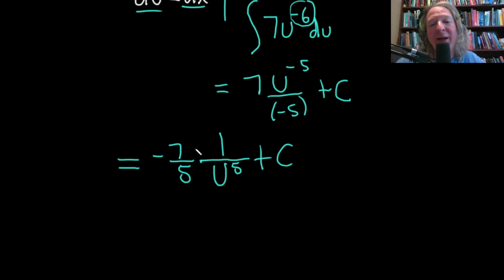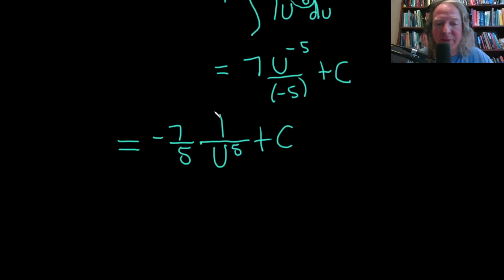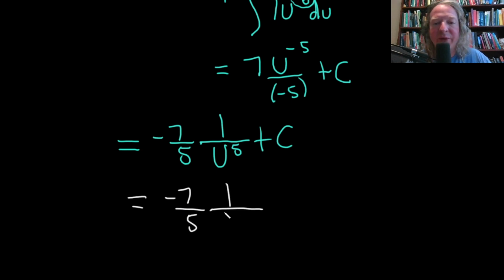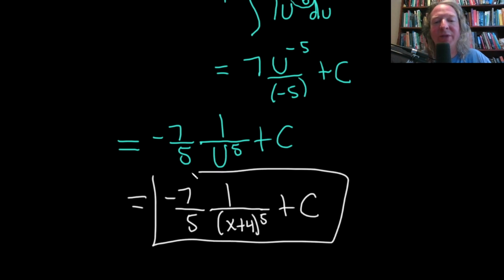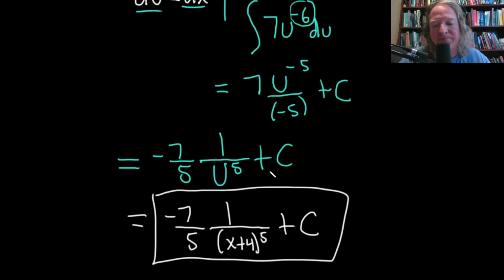We have to go back and actually plug in u. So u is x plus 4, remember? So it's going to be equal to negative 7 over 5 times 1 over x plus 4 to the 5 plus our constant of integration, capital C. Really, really nice. So not too difficult, still pretty simple.